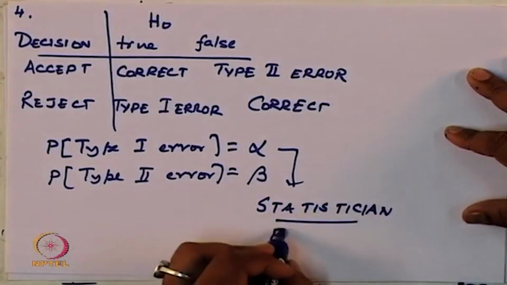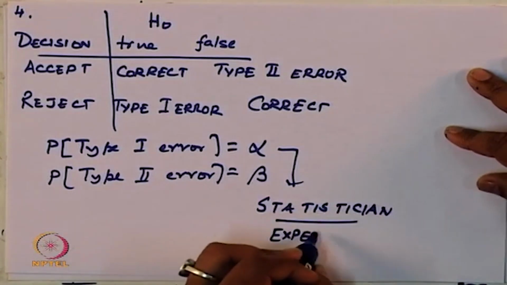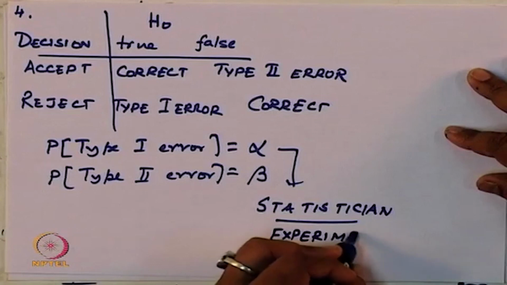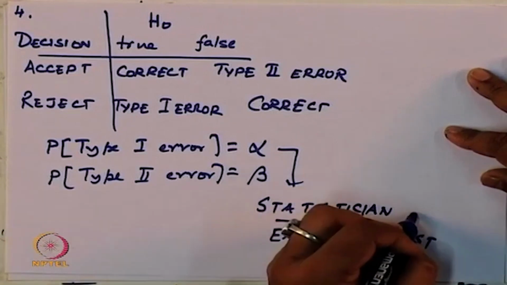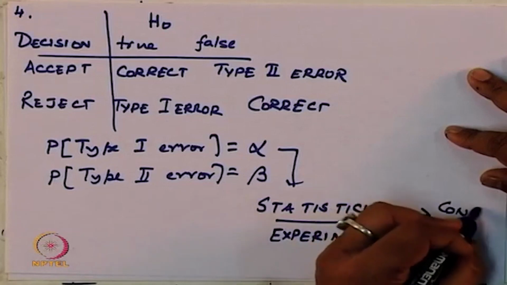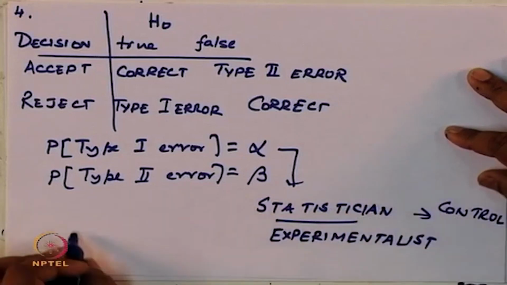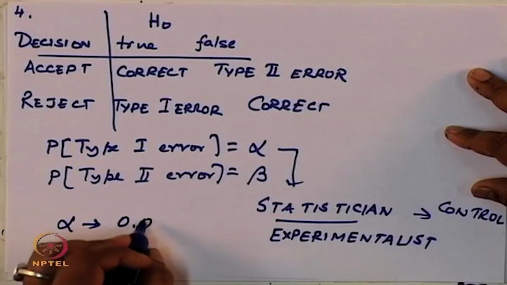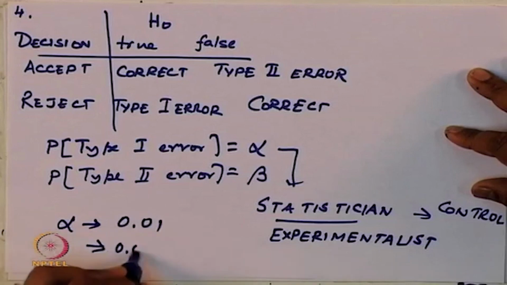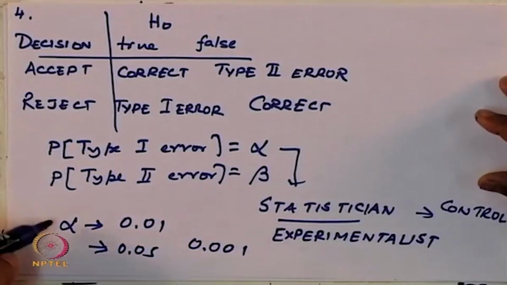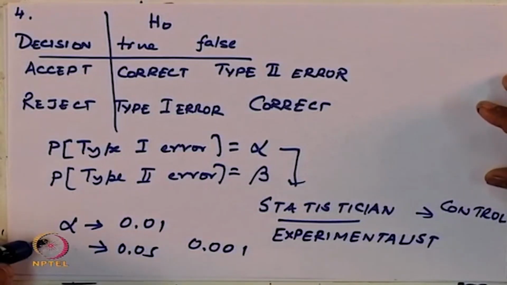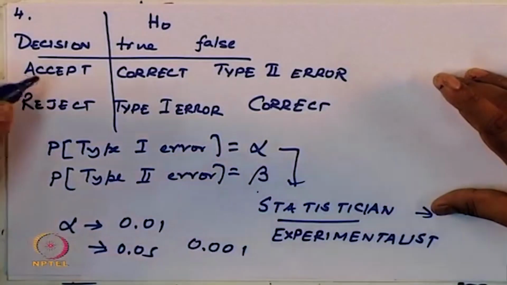Now, what you see is alpha is in the statistician's hands or the experimentalist's. You can control it. Why? You can choose alpha equal to either 0.01, 0.05, 0.001, and so on and so forth. So, this is in your hands, but it is very difficult to choose beta.